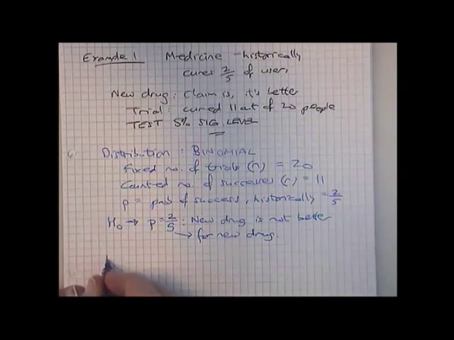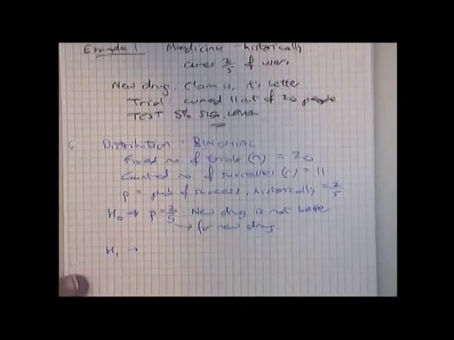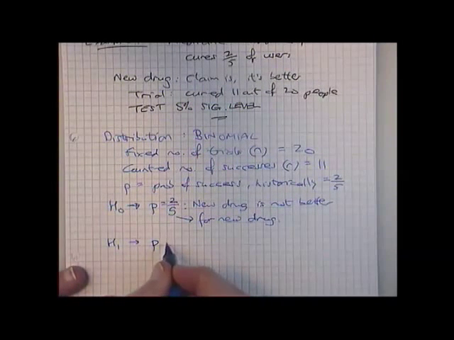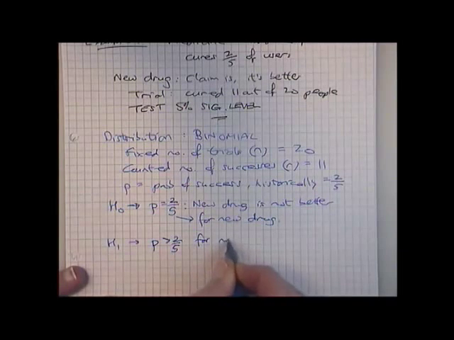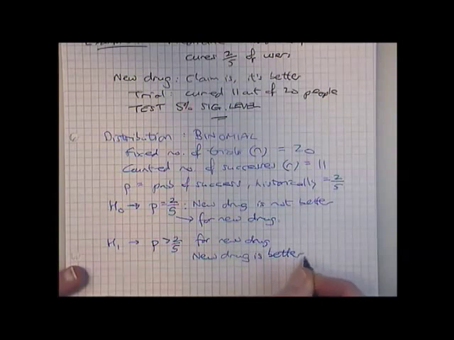Would it not be P is less than or equal to 2/5? Well, we just say no change at all. H0 has always got an equals in it. H1 is that P is now greater than 2/5 for the new drug, i.e. the new drug is better than the old drug.